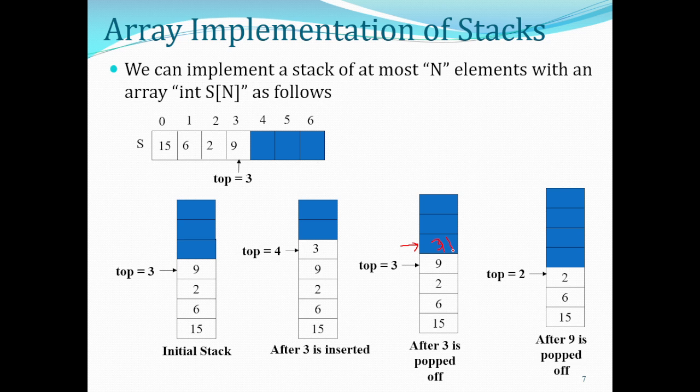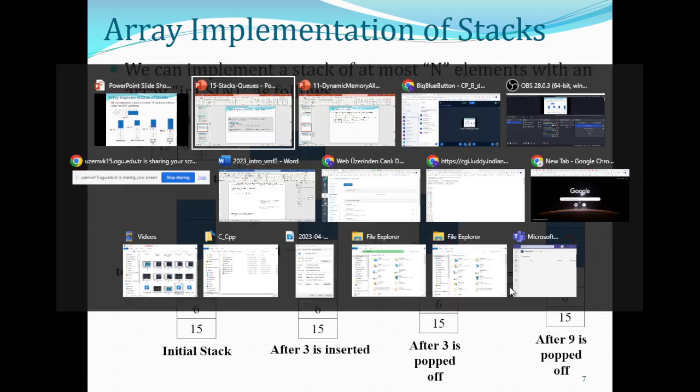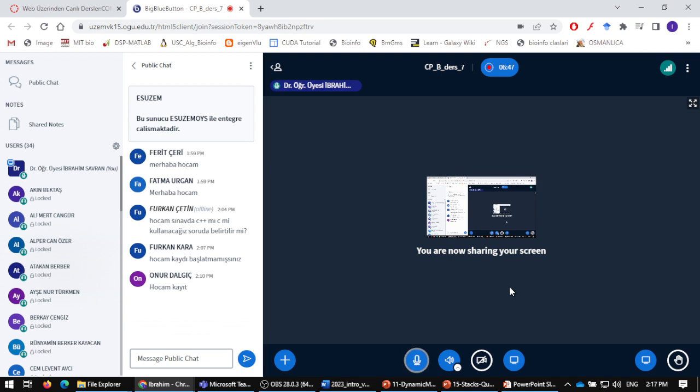So when we read the data from the stack, or when we pop the data from the stack, we don't need to care to delete the old value. Okay, so 3 and 9 are basically sitting there, but since my index is telling me that the top index is 2, I only focus on here. Okay, and do you have any questions? Let me see.